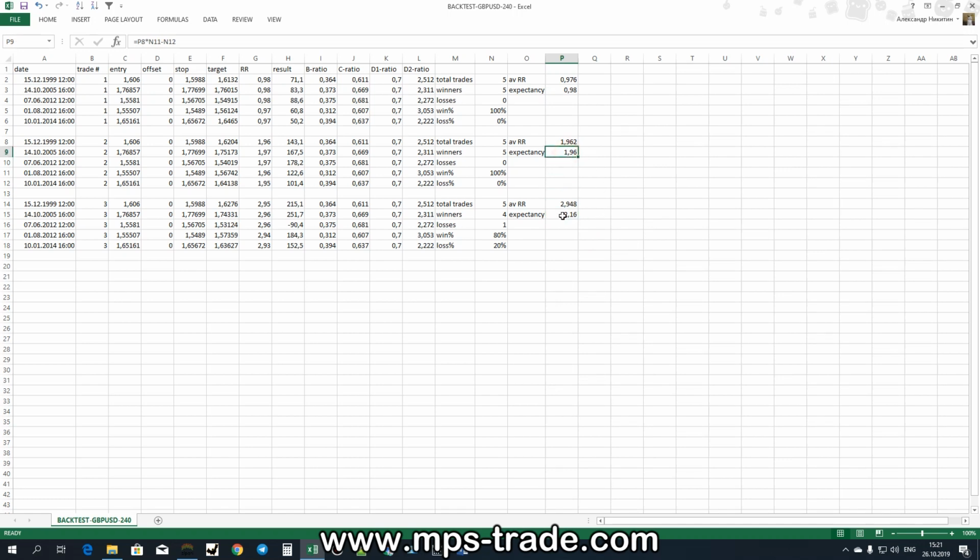So target 2 and target 3 are much better than target 1. So if you trade 2 targets, you'd better aim at target 2 and target 3. If you trade only 1 target, then you simply choose the best. The best one is 2.16. Let us set target 3.